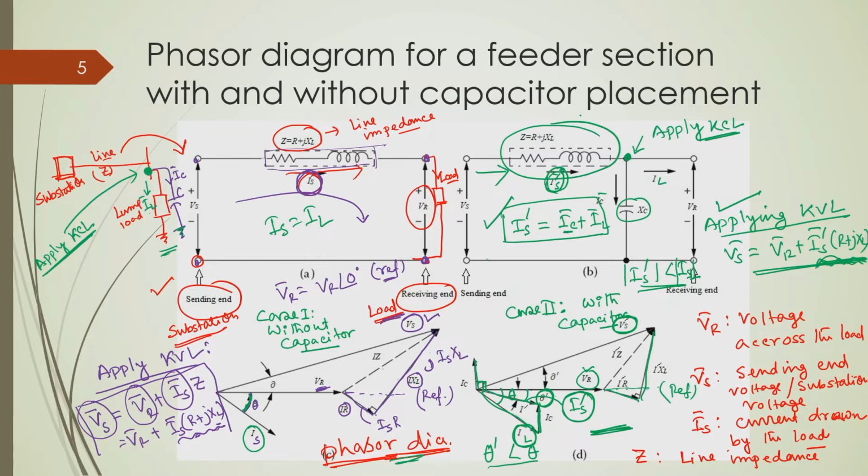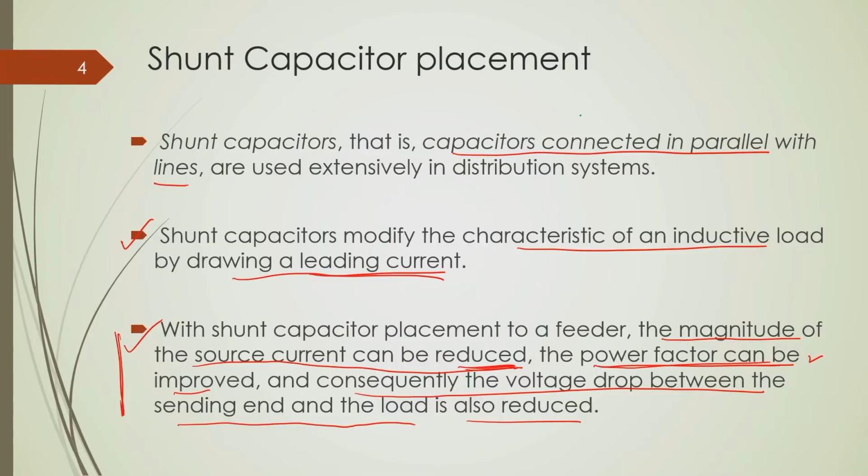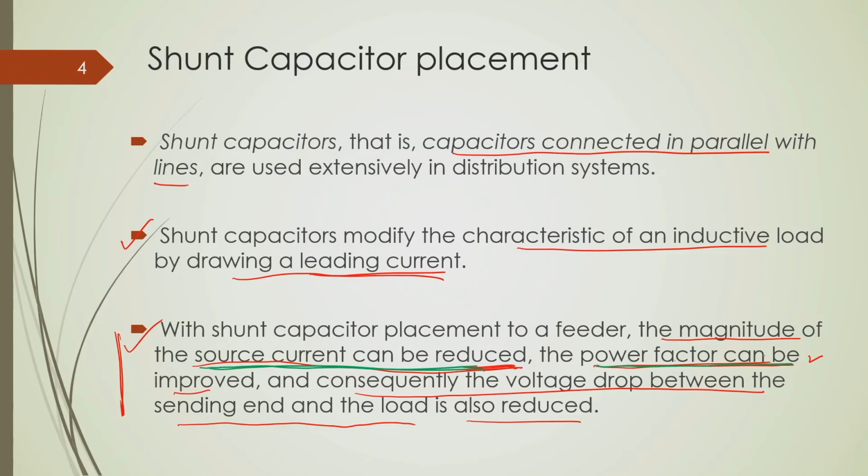So, whatever I mentioned in my previous slides, all these three aspects you can see over here with the placement of the capacitor. As we said, the source current, or current drawn from the substation, is getting reduced with this capacitor placement, and power factor is improved. What do you mean by power factor improvement?